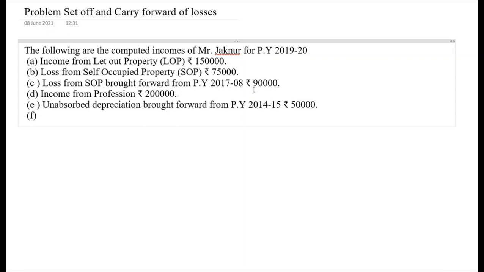Next, F, income from long-term capital asset, rupees 30,000.